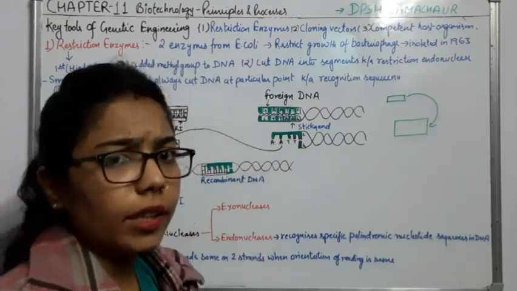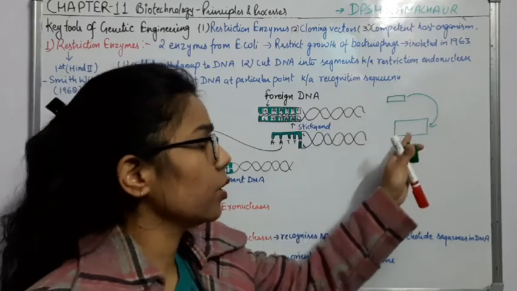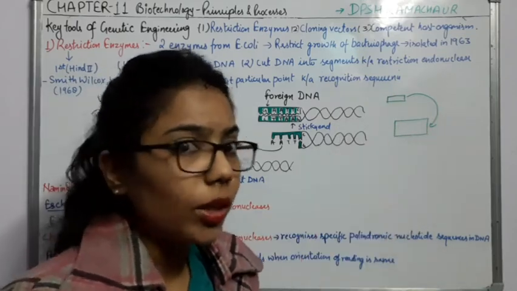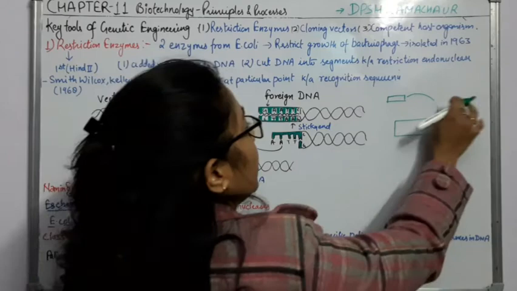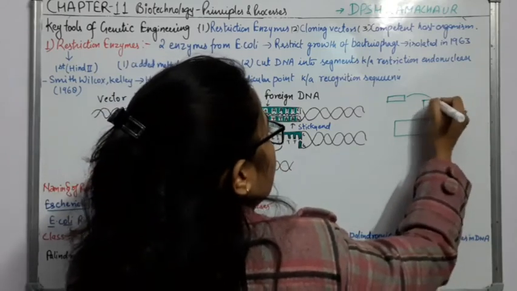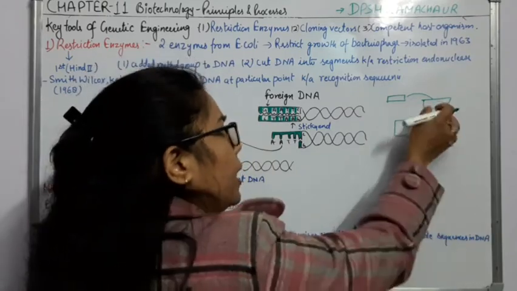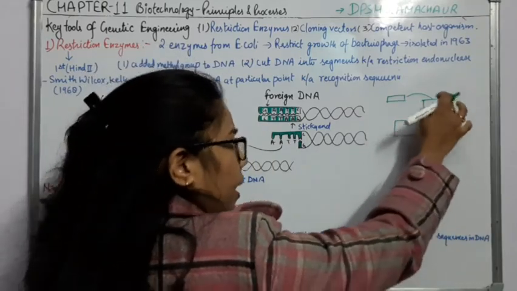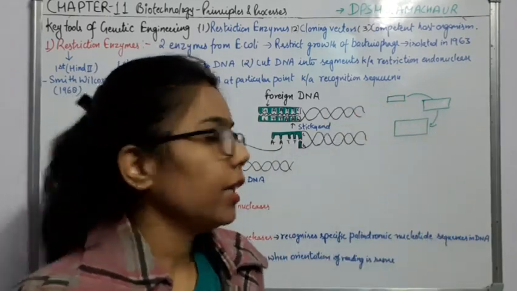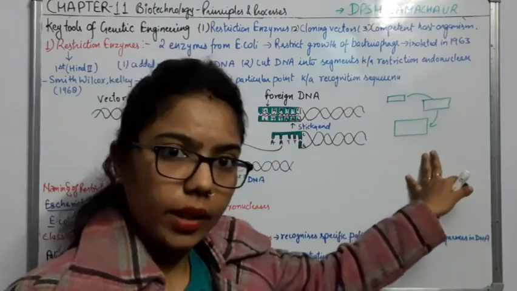So who will take this gene of interest into the host organism? We require the mediator, the vector or the vehicle, which will take this gene of interest and then send it into the host organism.